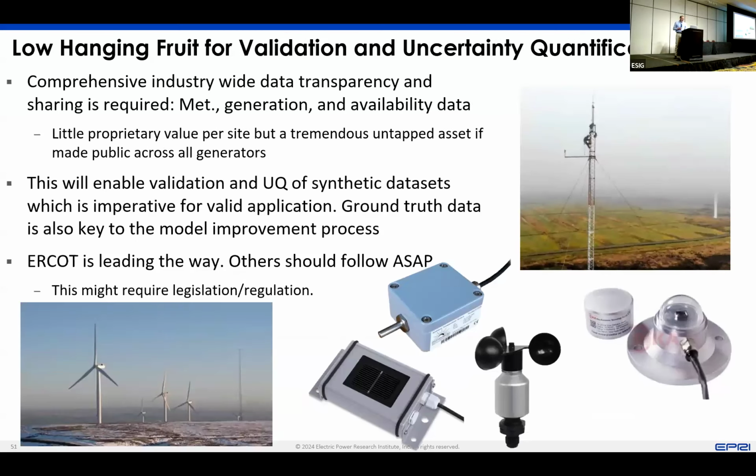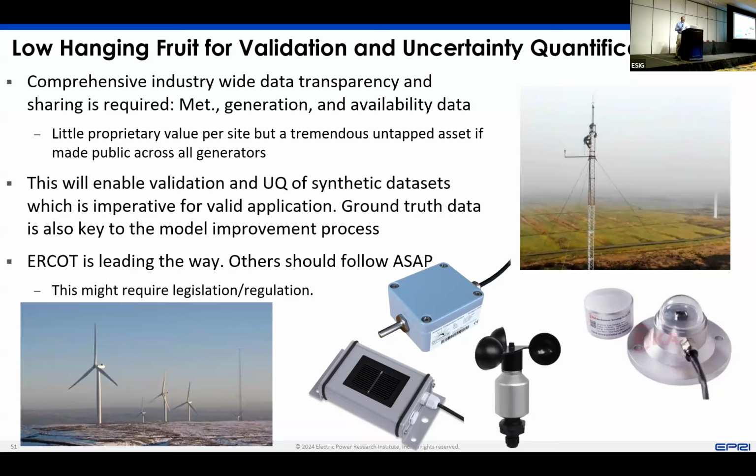So the last slide here, because I see I'm over time, is on that validation and uncertainty. As I mentioned before, comprehensive industry-wide transparency of data sharing of our meteorological, generation, and availability data is the key to unlocking the door with respect to, first of all, understanding how good these data sets are and where they fall over and what the downstream consequences are, but also to adjusting the data sets and making them better.